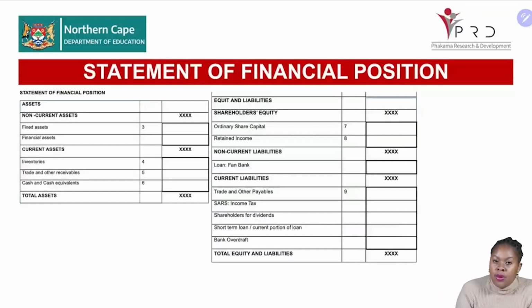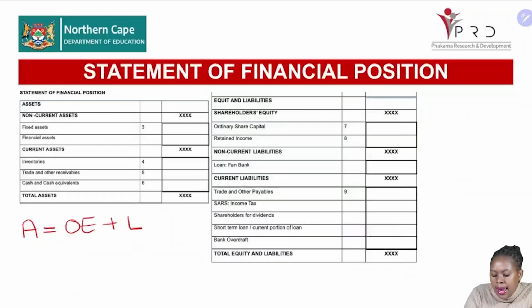So, as I've already highlighted, our statement of financial position is highlighting our accounting equation, which says our assets are equal to our owner's equity plus our liability. In this case, because we are dealing with shareholders, this is actually called share equity, but it's the same principle.